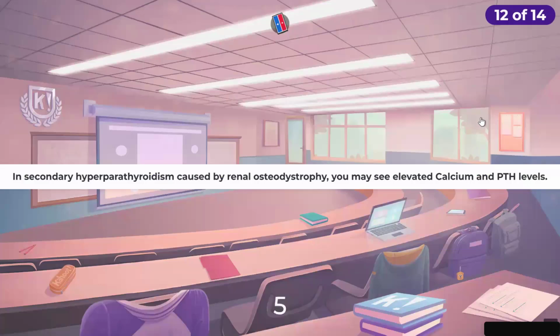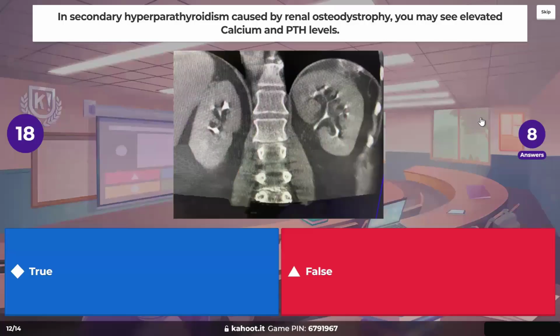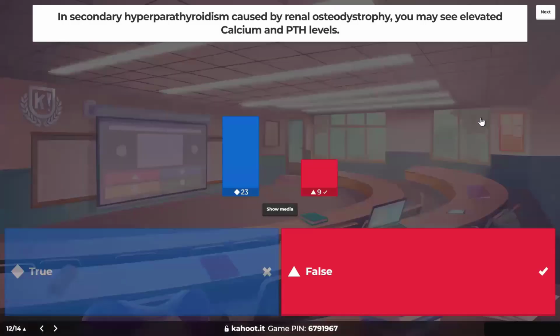In secondary hyperparathyroidism caused by renal osteodystrophy, you may see elevated calcium and PTH, not phosphate, parathyroid hormone levels. True or false? Secondary hyperparathyroidism, does that cause high both? The answer is false.